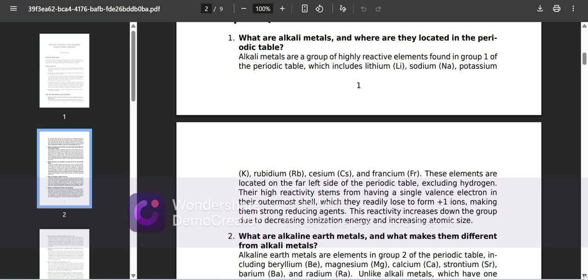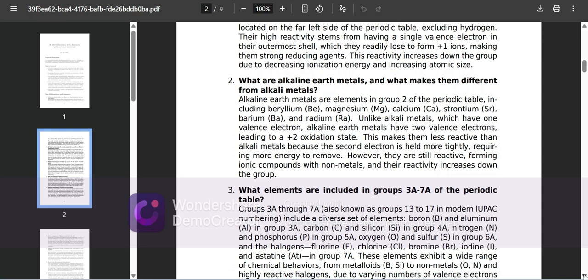Their high reactivity stems from having a single valence electron in their outermost shell, which they readily lose to form +1 ions, making them strong reducing agents. This reactivity increases down the group due to decreasing ionization energy and increasing atomic size.